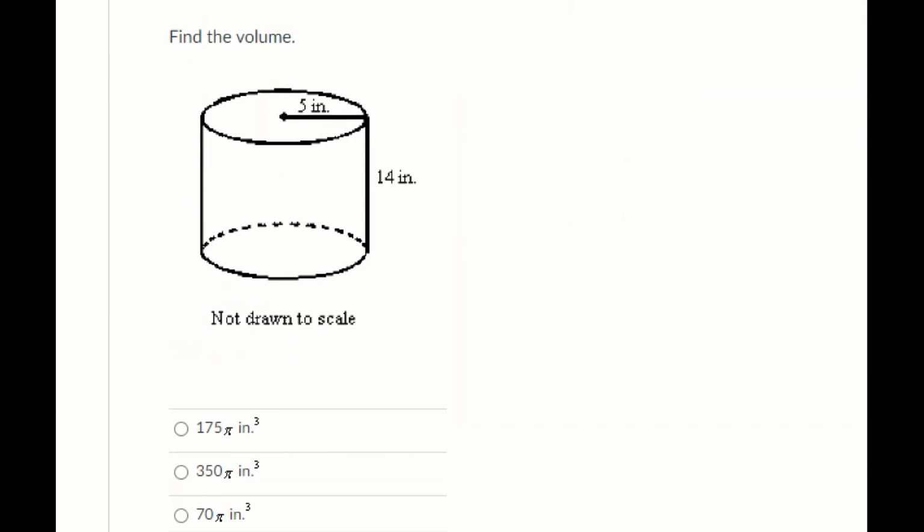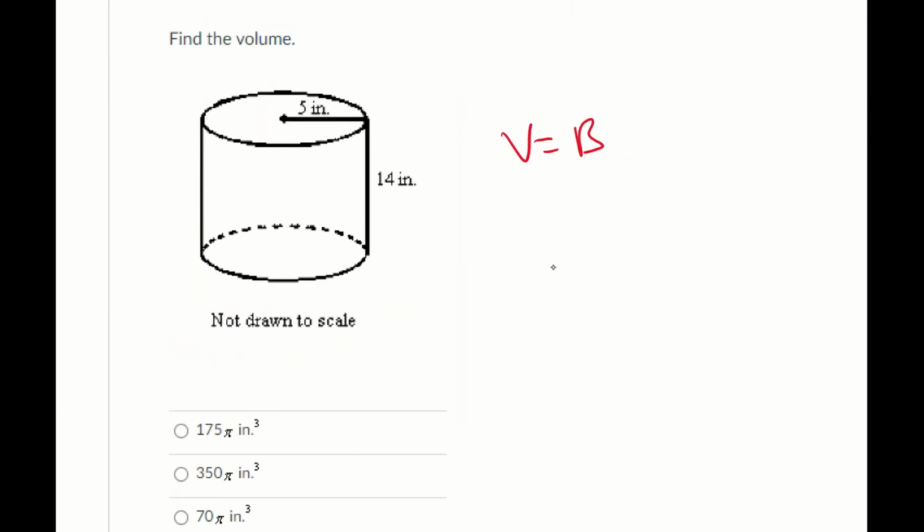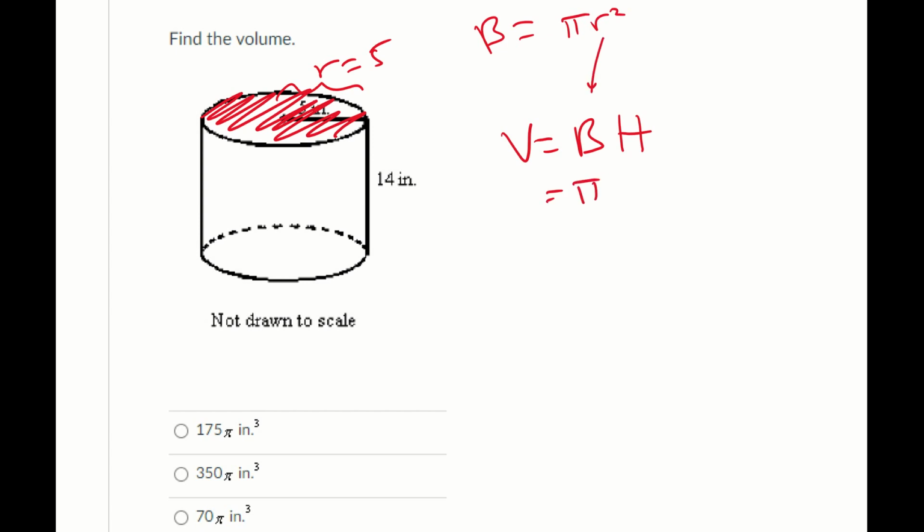All right, find the volume of the cylinder. The volume of the cylinder is capital B times capital H, the base area, which is the area of this circle here with a radius of 5. Now the area of a circle is pi r squared. So really this is just pi r squared h. Pi is just pi, the radius is 5, and the height is 14.